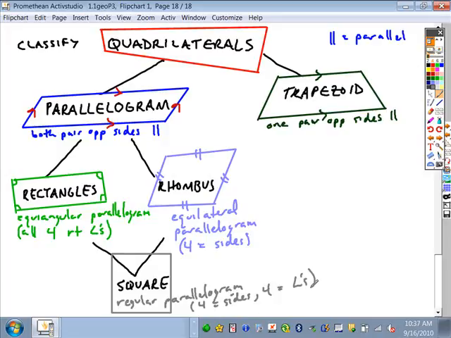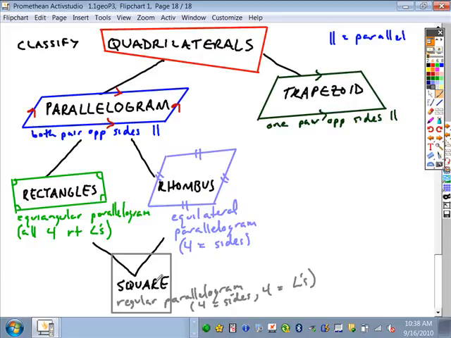So in looking at these, when it comes down to some questions that you might see, make sure you're aware of the hierarchical positioning of these. Anything that is a square also is considered everything else that branches up from that on this flowchart.